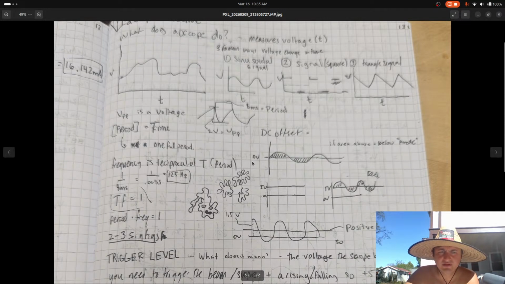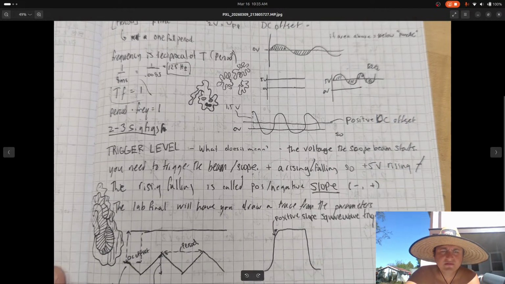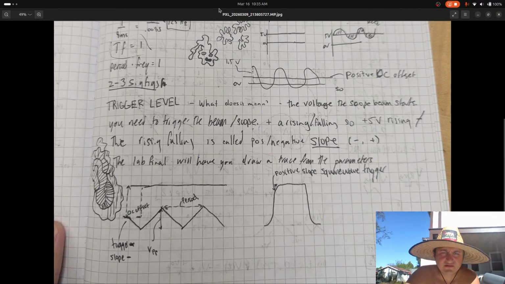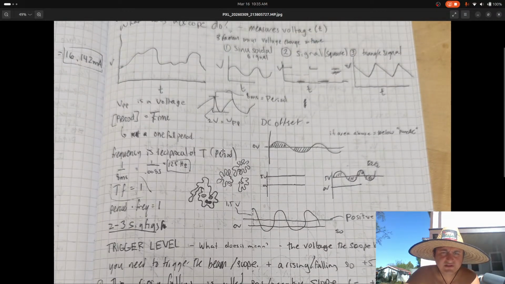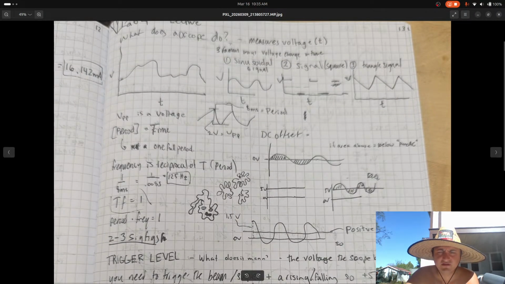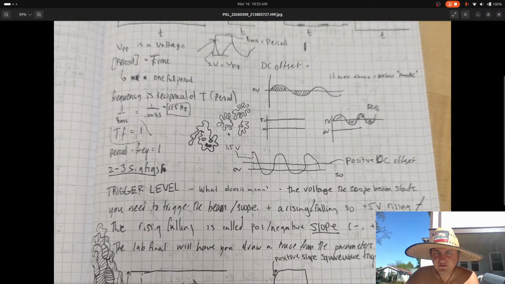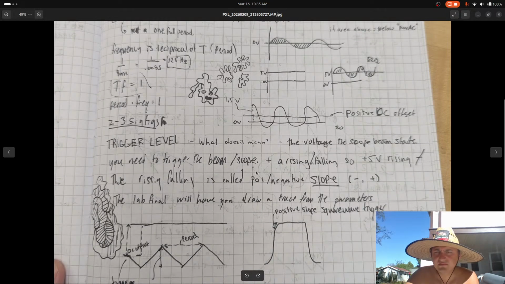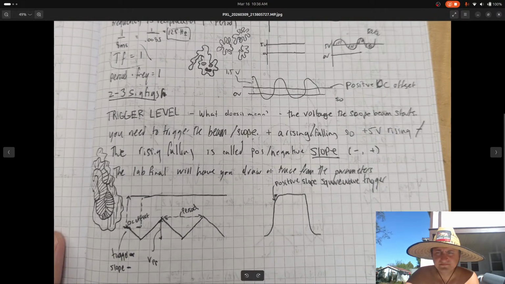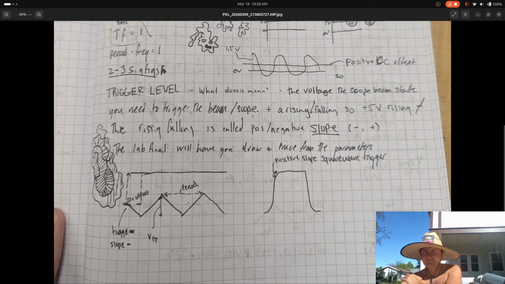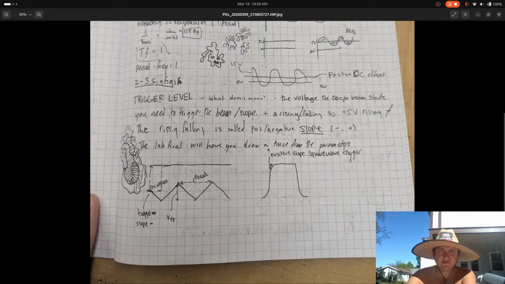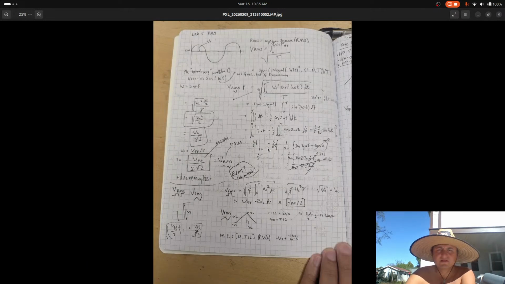Okay, this is actually the part that's probably going to be on the lab final. So these are the attributes of a signal: trigger level, DC offset, trigger level, period. Okay, good.